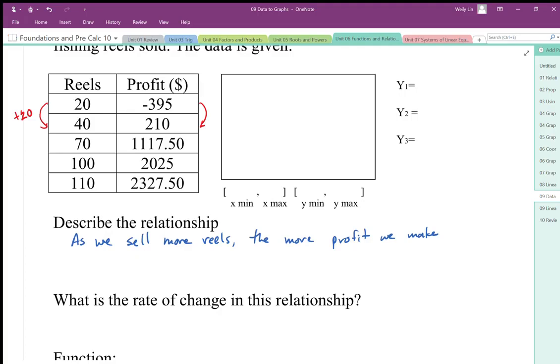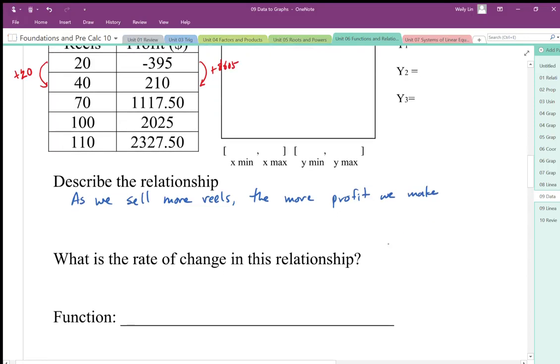When we subtract, we find the difference. So I increase $605.